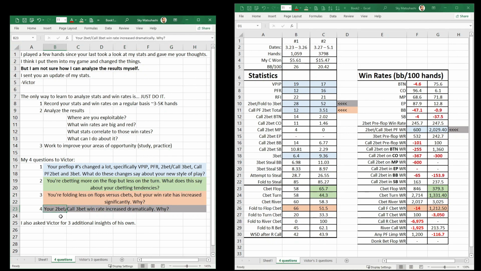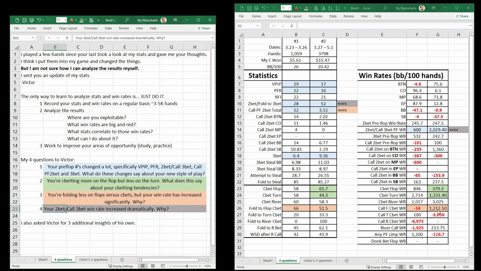Lastly, the fourth question, your 2-bet and then call 3-bet win rate increased dramatically. Why is that? And so that was this number right here, which we pointed to earlier, from positive 600 to positive 2,000. Well, I think, and he made the same conclusion, he's folding way more often, from 28 to 52, almost twice as often, which means he now has stronger ranges when he sees the flop.